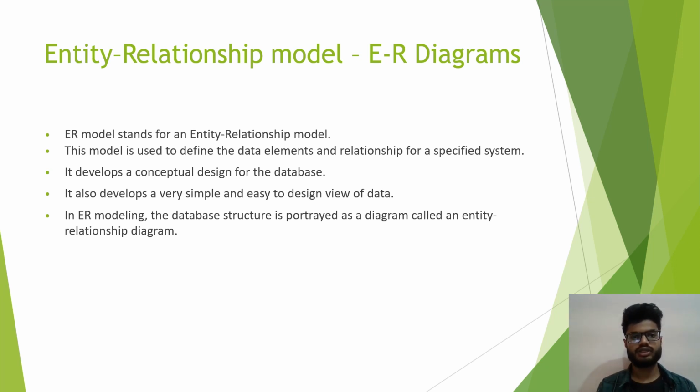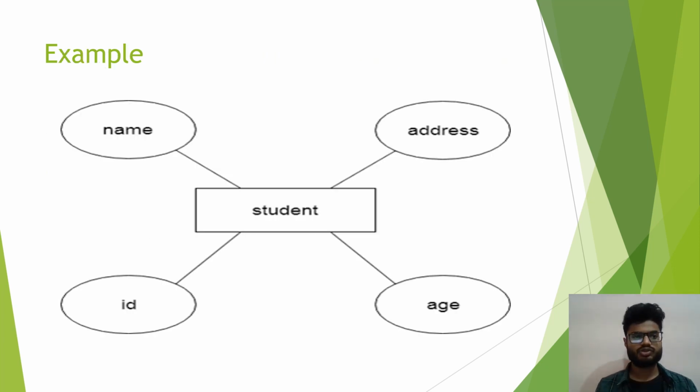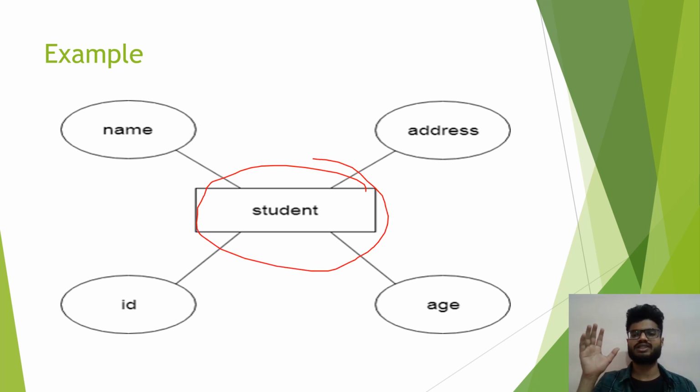In ER modeling, the database structure is portrayed as a diagram called an entity relationship diagram. Here is an example of that, where there is one entity named student, which is nothing but a table.